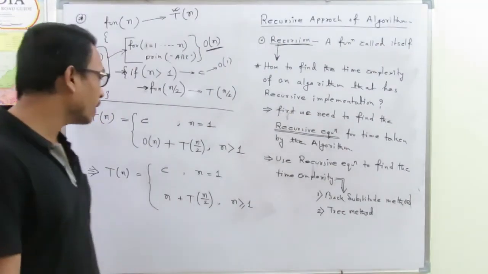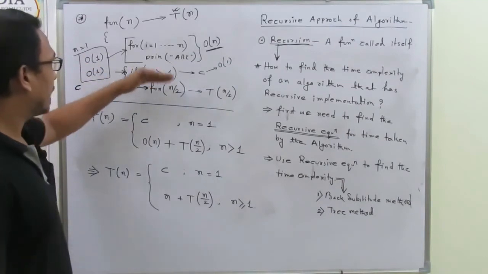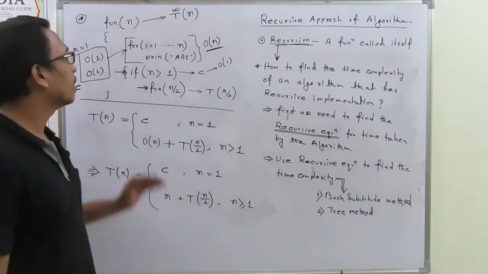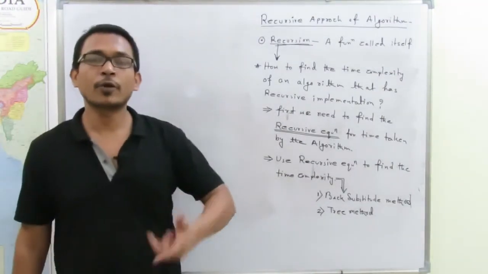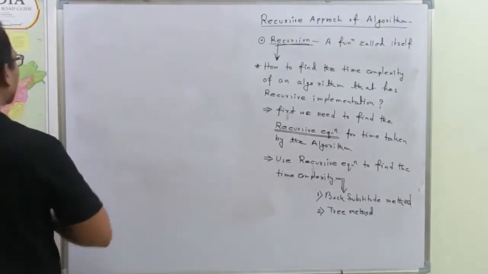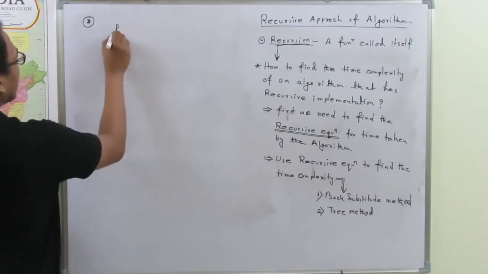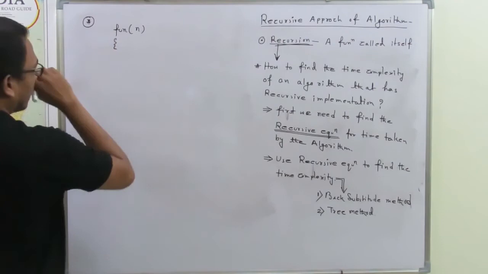Clear? So that is how we can convert any given algorithm into its equivalent recursive equation with respect to time. Clear? Let's take one more example. Let's say function fun, where n is the number of inputs.